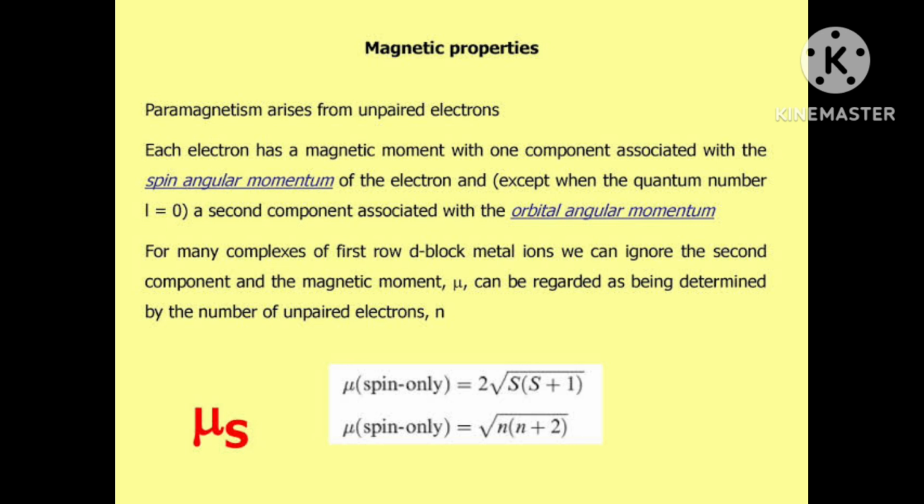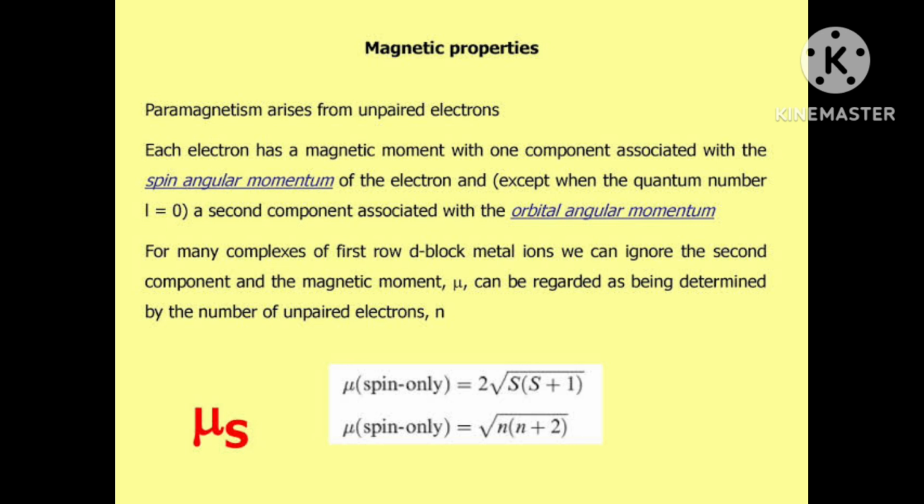[CoF6]3- is paramagnetic with 4 unpaired electrons, while cobalt oxalate [Co(C2O4)3]3- is diamagnetic. Here remember, it has no unpaired electron.